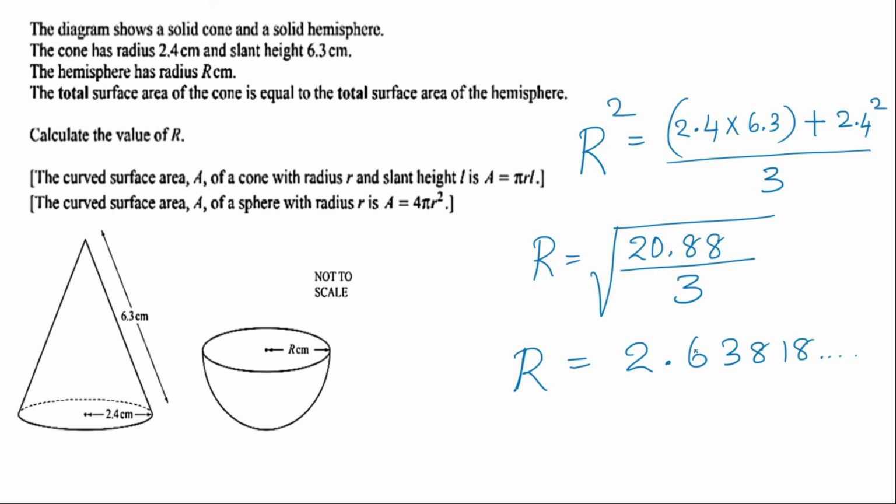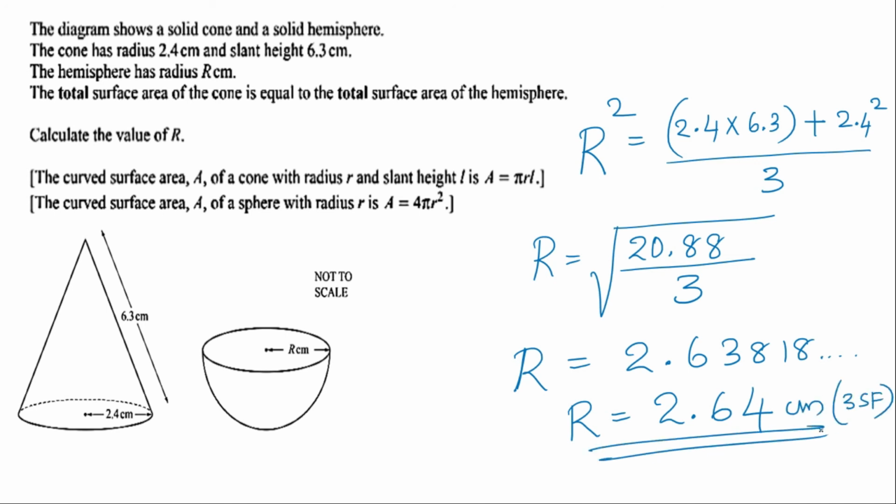Use your calculator to get the value for R equal to 2.63818. And finally, to 3 significant figures, your answer should be 2.64 centimeters. So this is the radius of the required hemisphere. R is 2.64. That's it. Thank you.